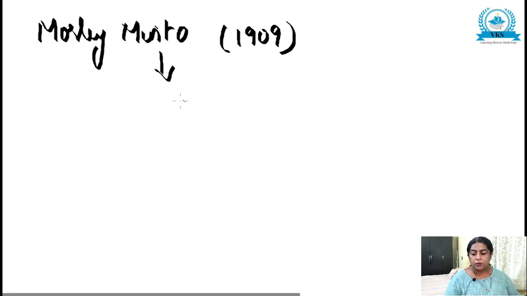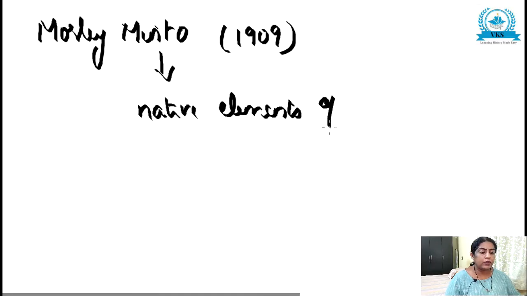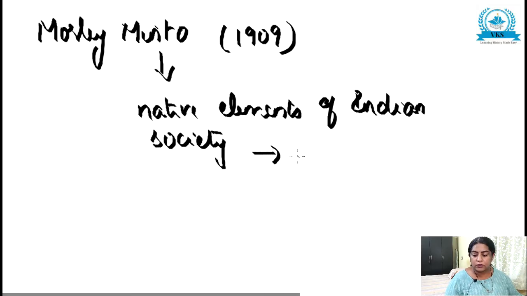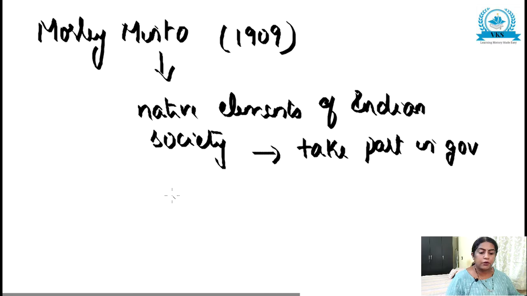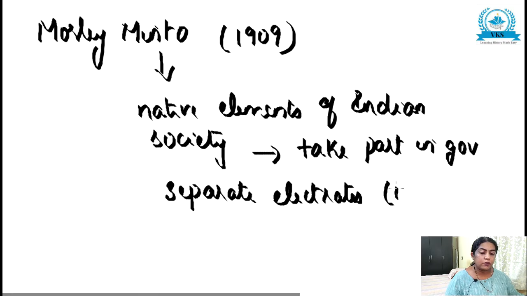This act was to give native elements of Indian society the opportunity to take part in the government, and to provide separate electorates for Muslims.